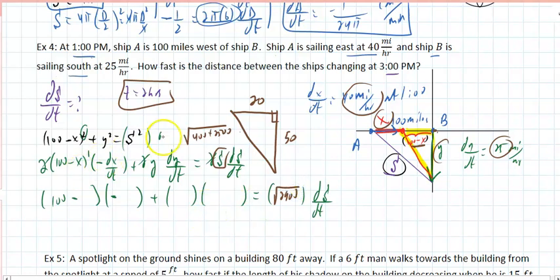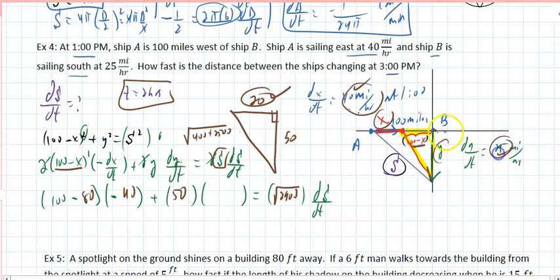Alright. x is, we said, 80 miles. Or we could say this distance is 20, whatever you like. But the fact I have it here, dx dt is traveling at 40 miles per hour. y we said was 50.